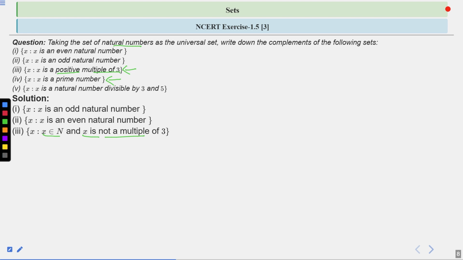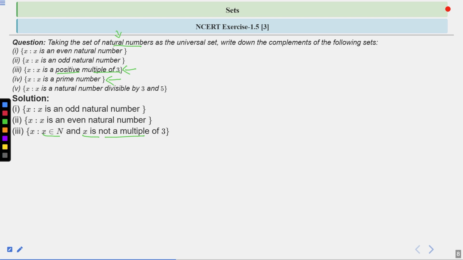Here, one interesting thing is happening. If you eliminate all the prime numbers from the set of naturals, what will be the leftover set? Composite. So the answer is not completely the composite numbers.